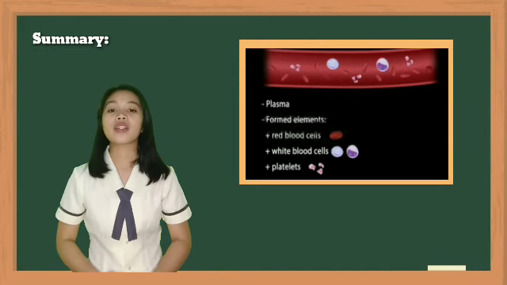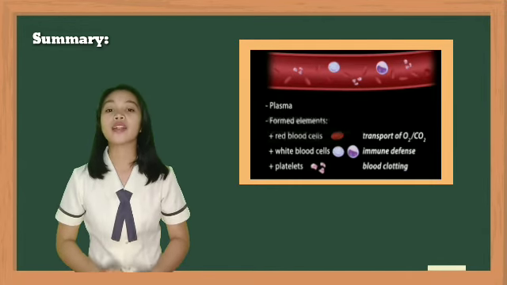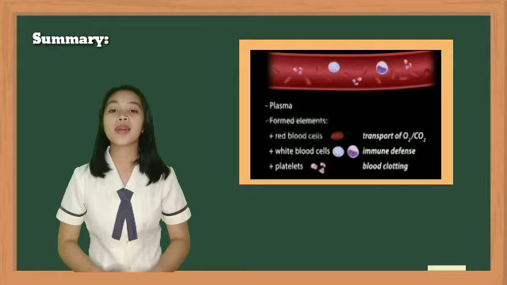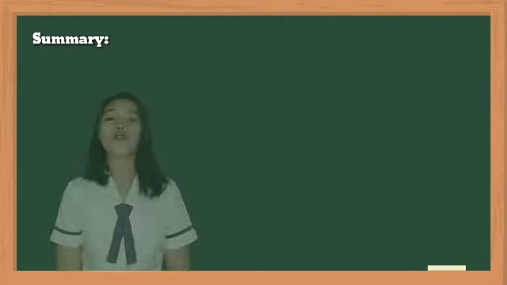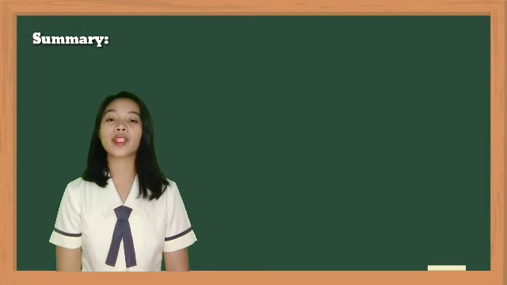Red blood cells transport oxygen and carbon dioxide. White blood cells participate in various defense mechanisms against invading organisms, while the platelets are responsible for blood clotting, minimizing blood loss in injury.